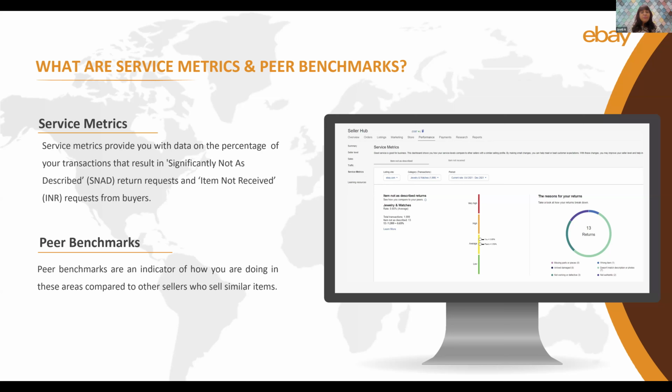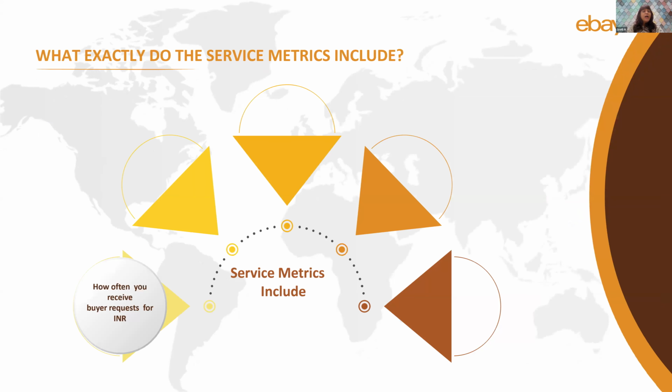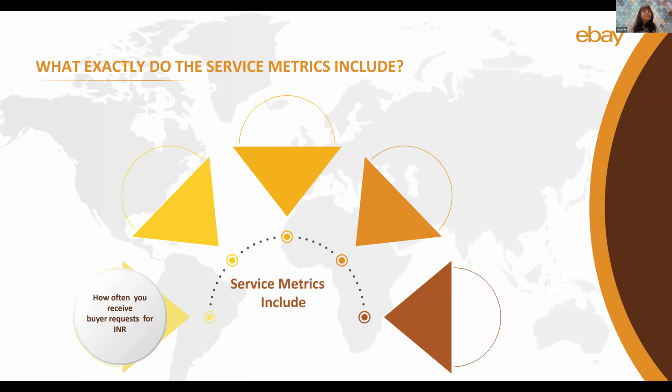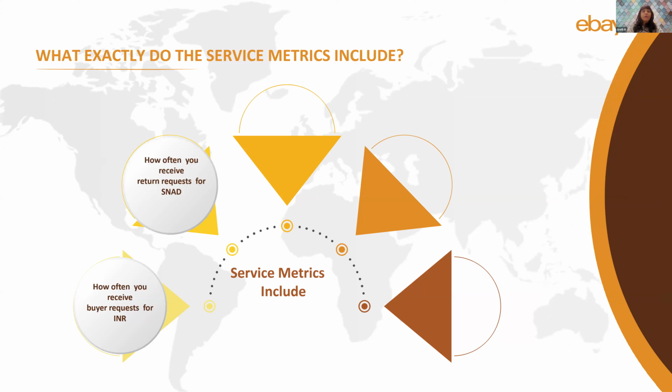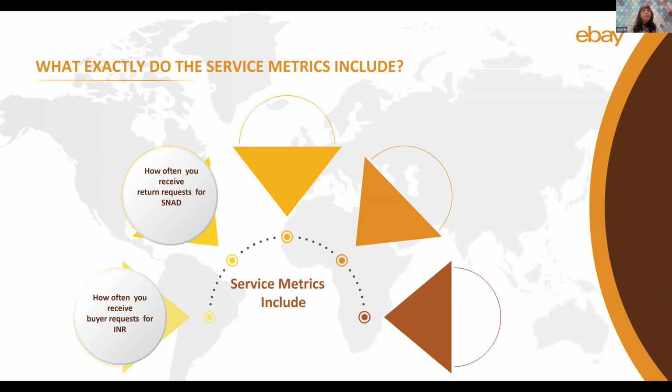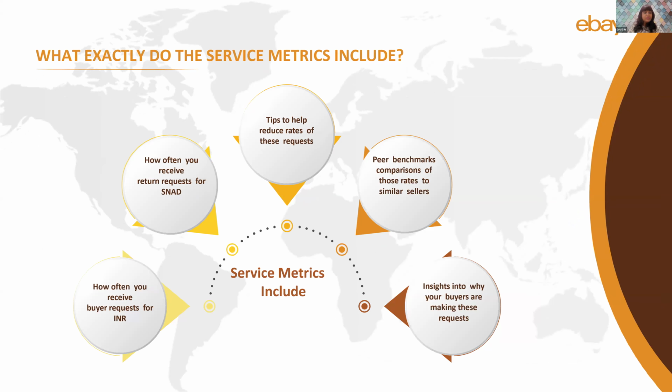Now, service metrics include information such as how often you receive return requests for item not as described or item not received requests. Peer benchmarks and comparisons are what you receive, so comparisons of those rates to similar sellers, and you also get tips on how to reduce these requests. You also get insights into why your buyers are making these requests.